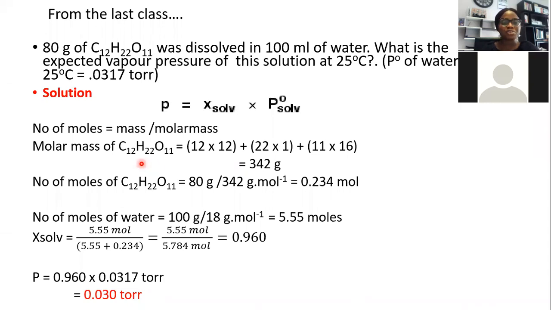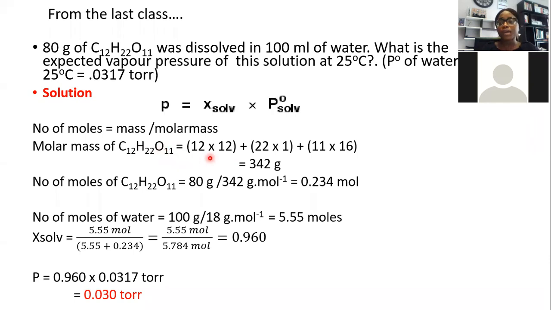Okay, so the molar mass of sugar is equal to 12, which is this subscript here. So it means that we have 12 moles of carbon in this compound. We have 22 moles of hydrogen, and we have 11 moles of oxygen.